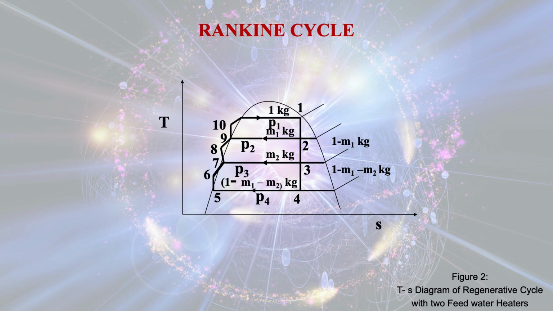Point 4 is where the low pressure, low temperature steam finally leaves the turbine and enters the condenser.